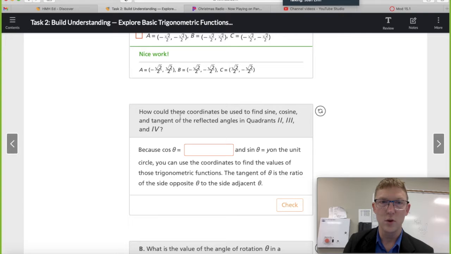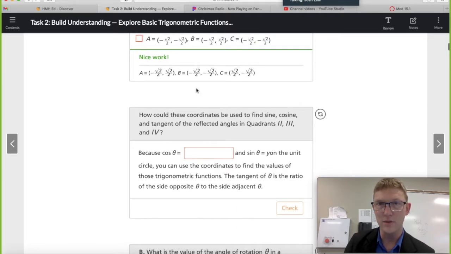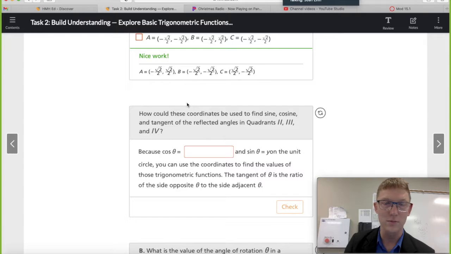How could these coordinates be used to find sine, cosine, and tangent of the reflected angles in quadrants 2, 3? So using these coordinates, you can figure out the lengths of all of those.